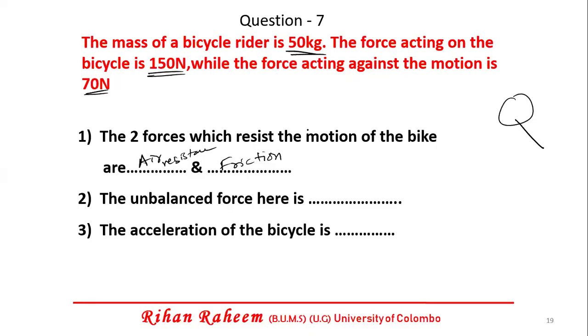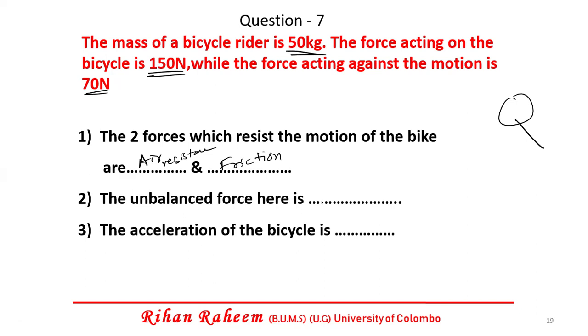Friction force is like the drag force. Because certain very high speed cars, after finishing their race, put a parachute like this, no? Then they have the drag force to stop the car. It's like air resistance, a type of friction.